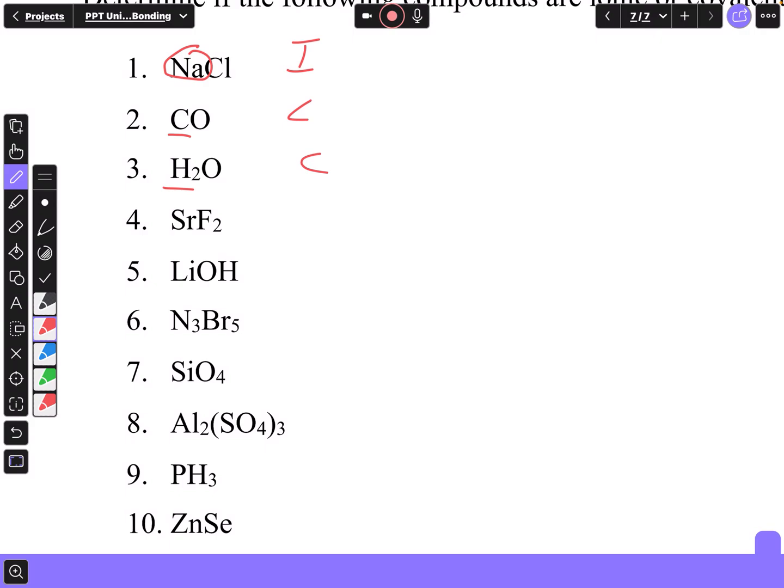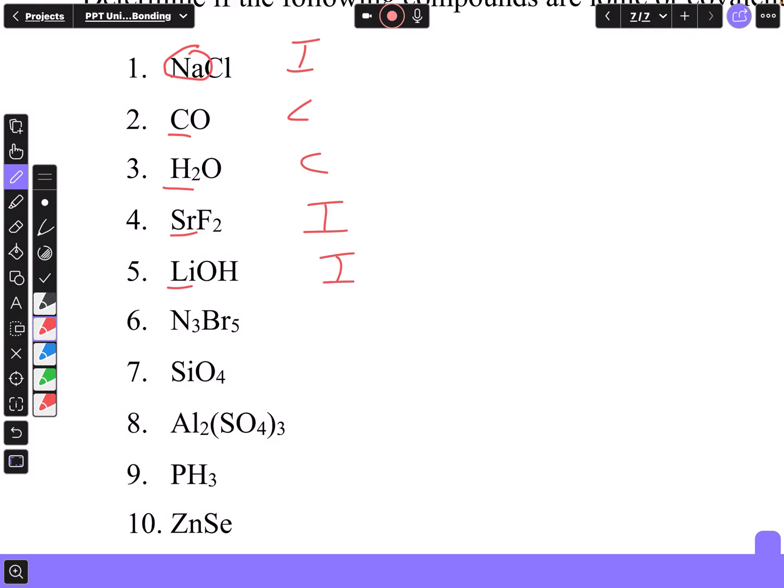Number 4 is strontium fluoride. Strontium is in group 2A. It's a metal, so this would be ionic. Next compound, LiOH. Well, the first one is a metal, lithium. The next 2 are nonmetals. So this would be ionic.